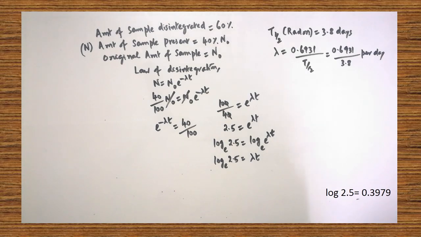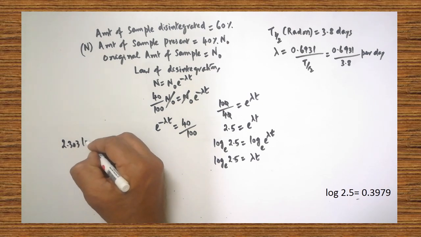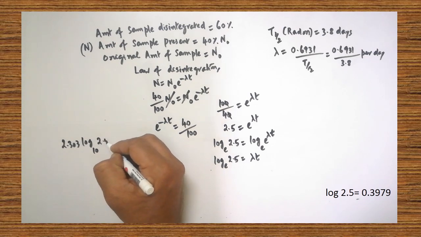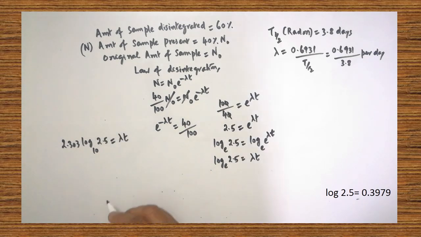Now in the LHS, the base is e, which should be converted into base 10. So I'll write 2.303 log to the base 10 of 2.5 is equal to lambda t.